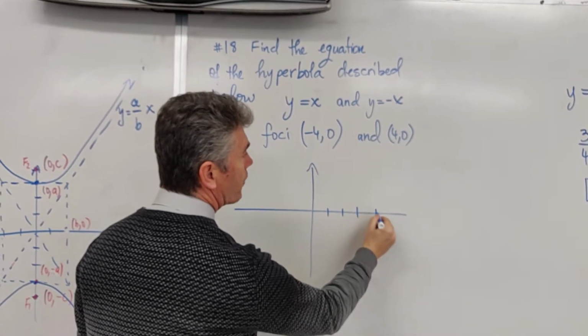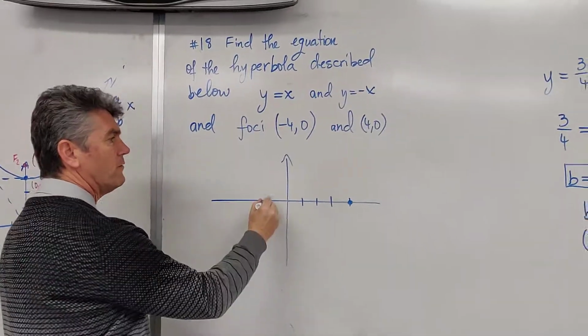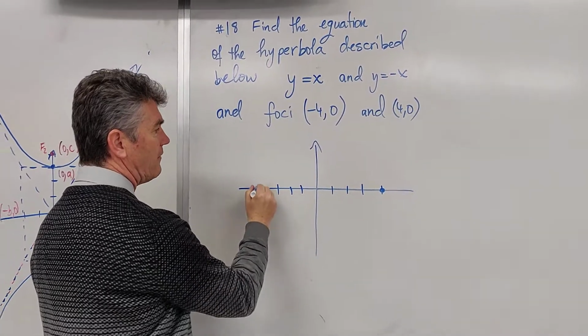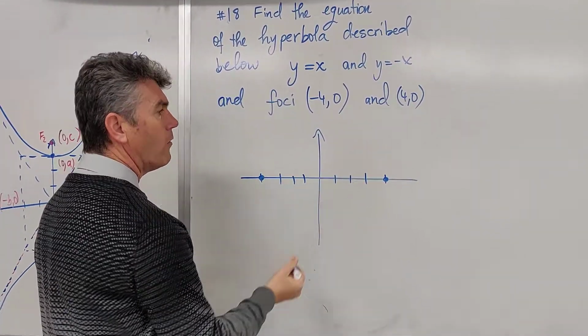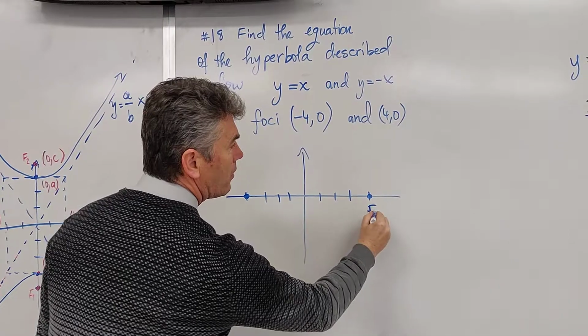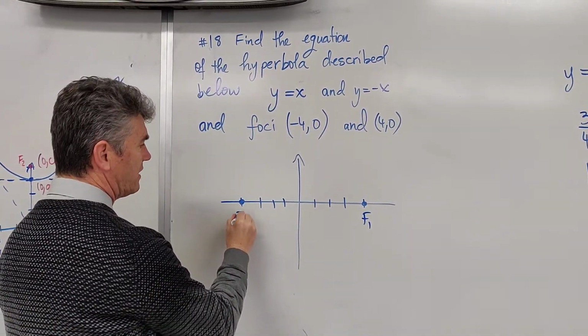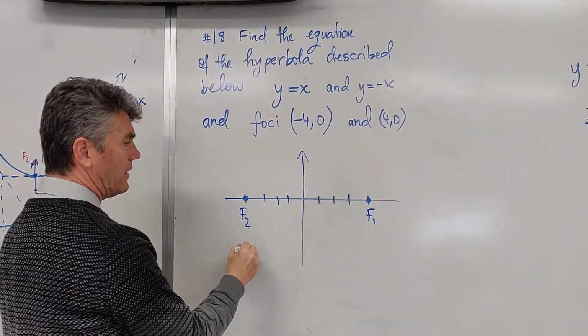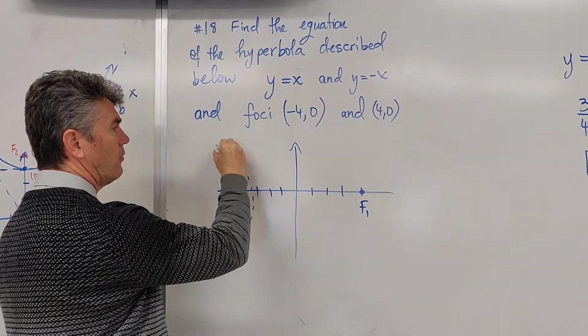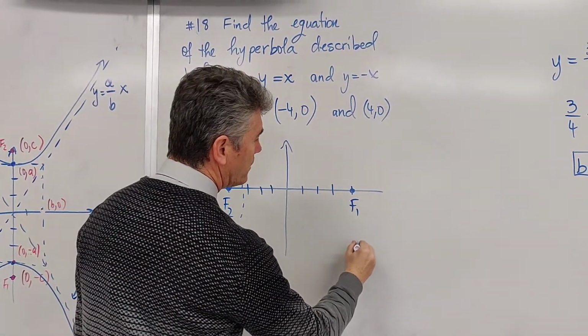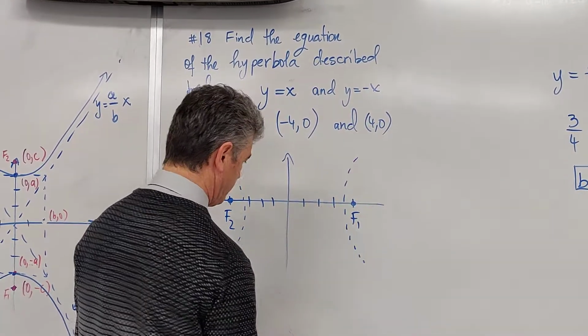So here we are, 4 units to the right of the origin, 4 units to the left of the origin. I do not know what the graph looks like, but I do know that the branches open to the left and open to the right.